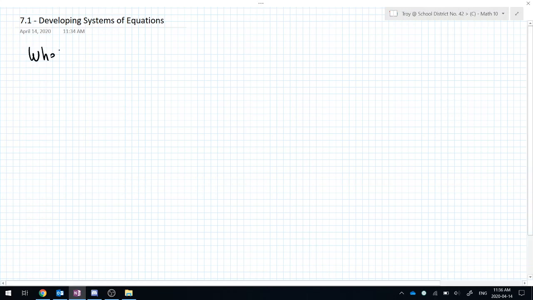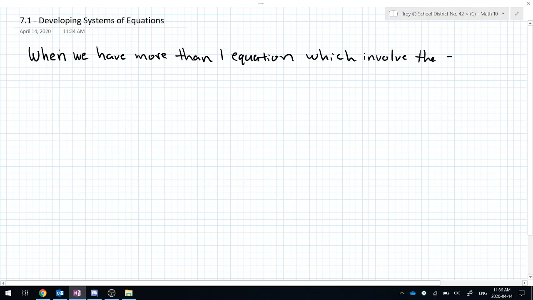So what I'm going to say is when we have more than one equation which involves the same variables, it's known as a system of equations.